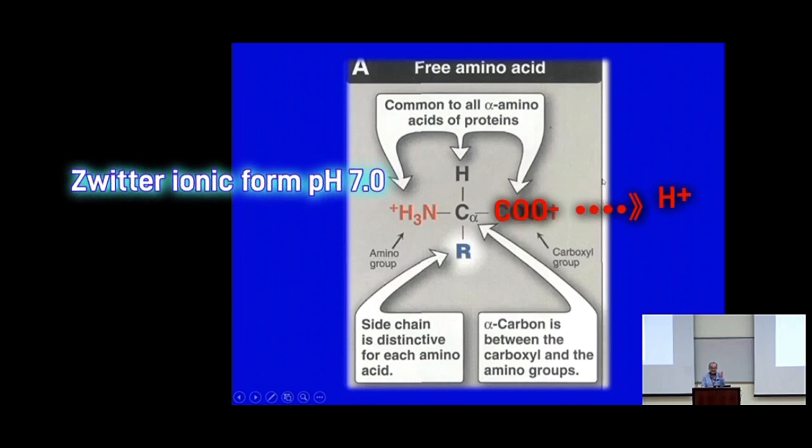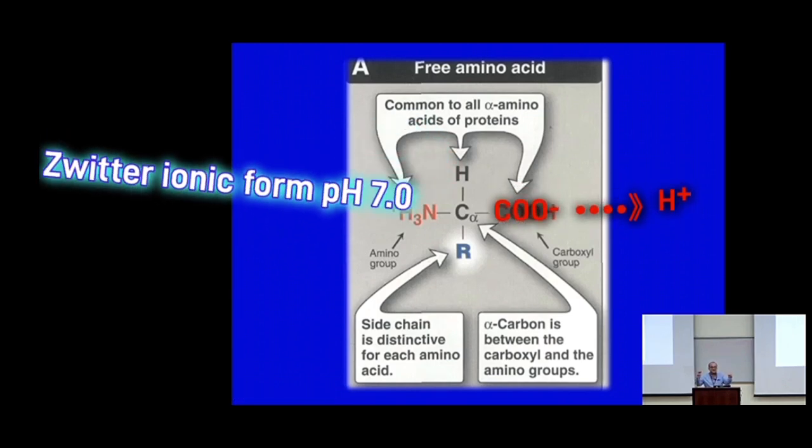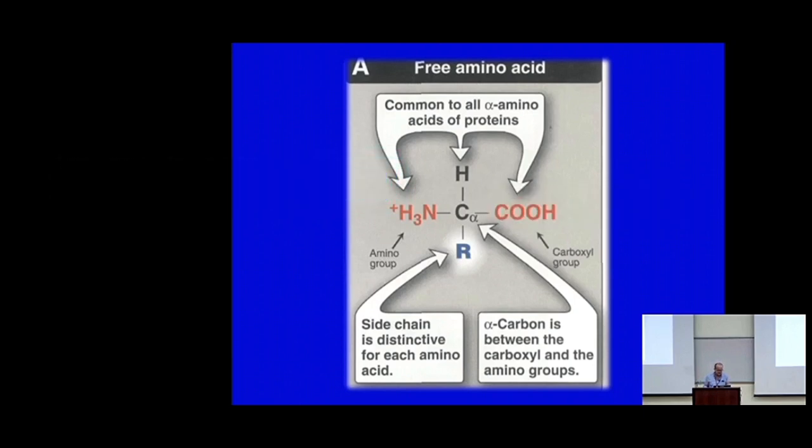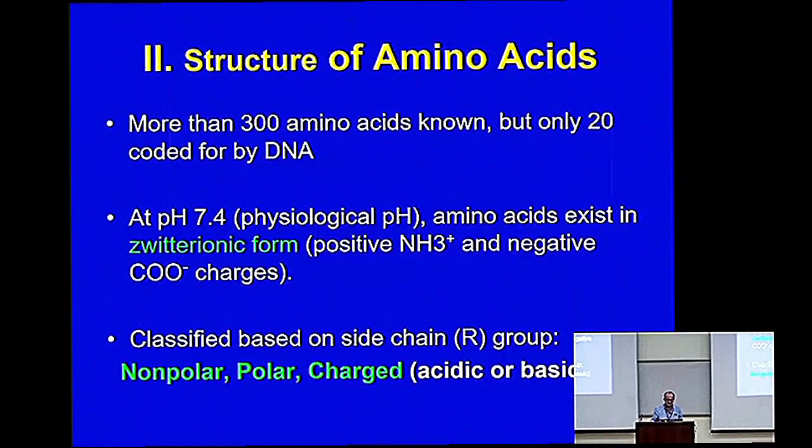So that means an amino acid has a negative and positive charge in the same molecule. And that occurs at physiological pH. And that form is called the zwitterionic form. Okay? All right.